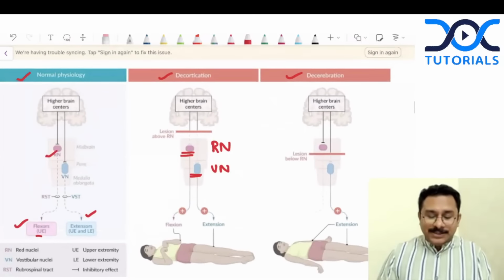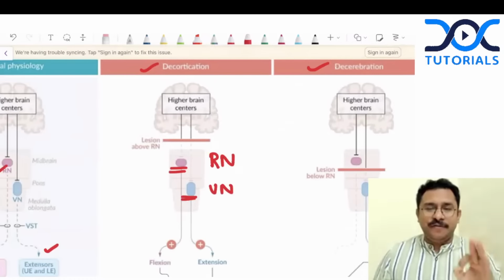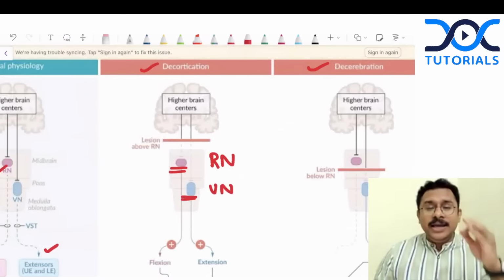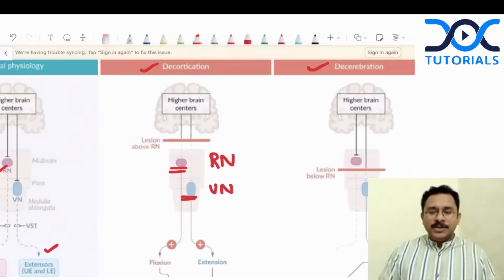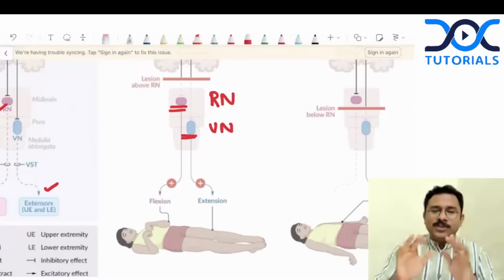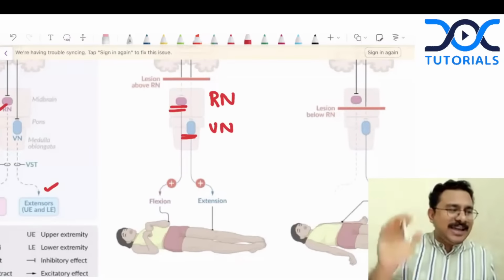Now, what happens is in decorticate, I want everyone to remember this for life, that decorticate rigidity means lesion is above red nucleus. Say along with me, decorticate rigidity means lesion is above red nucleus. So the reticulospinal tract is intact.